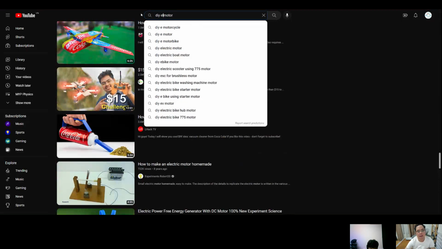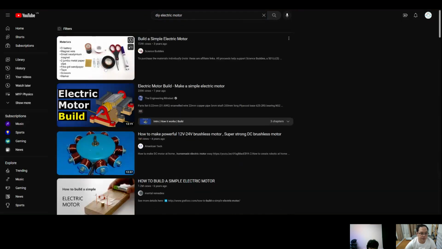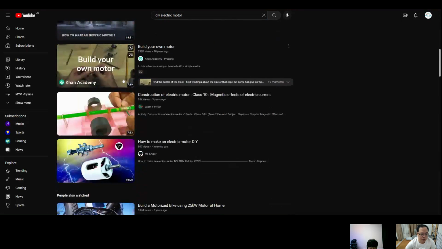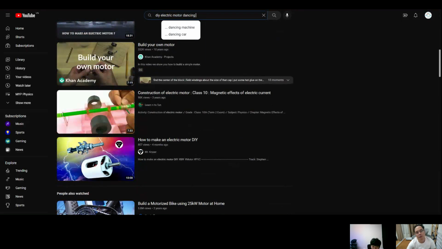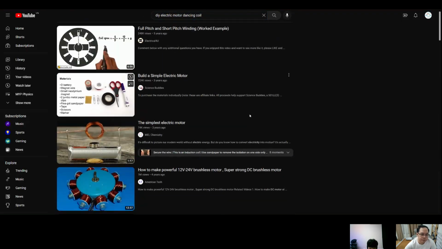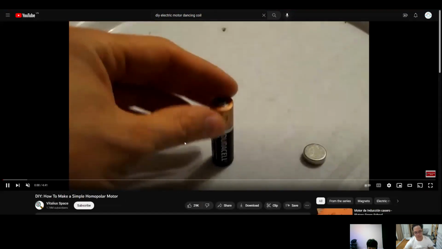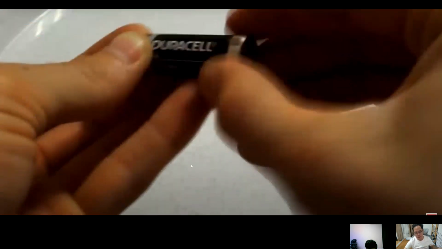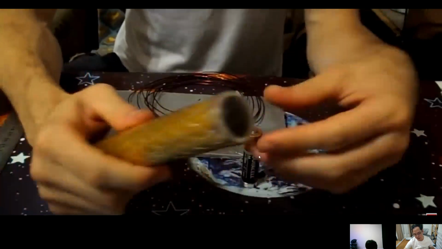Just need to put a magnet at the bottom of the battery.